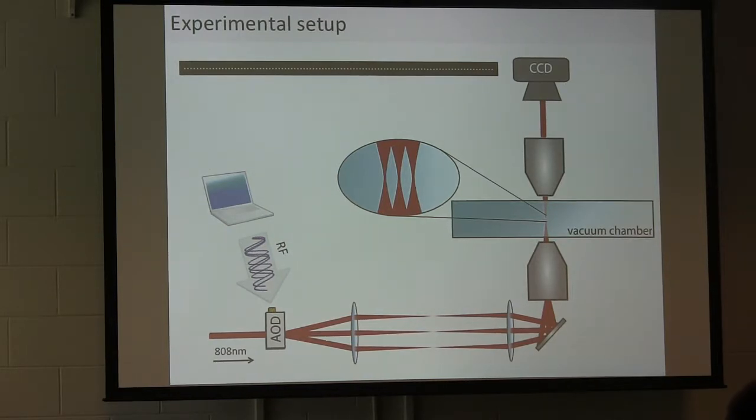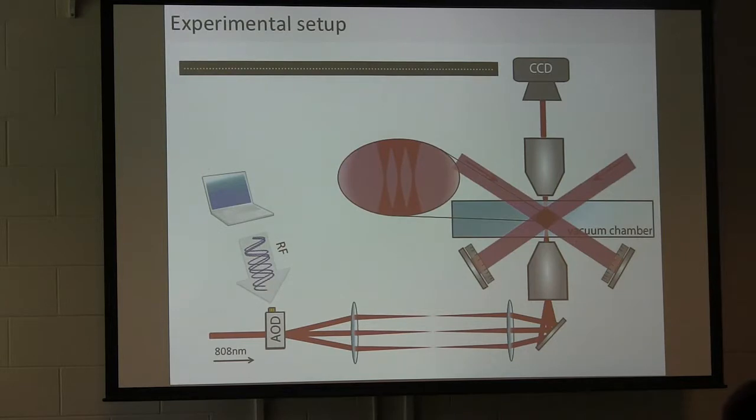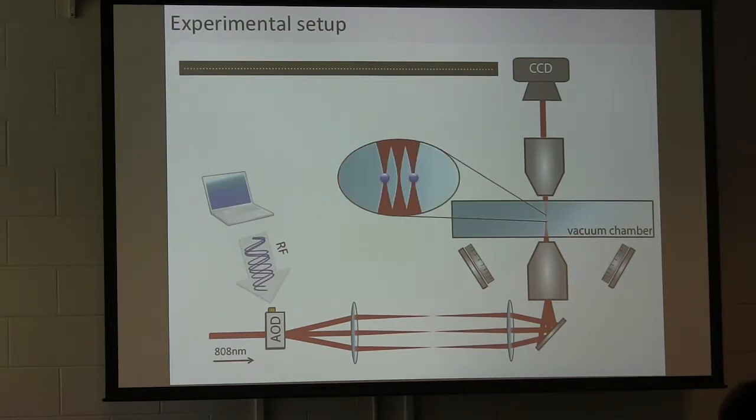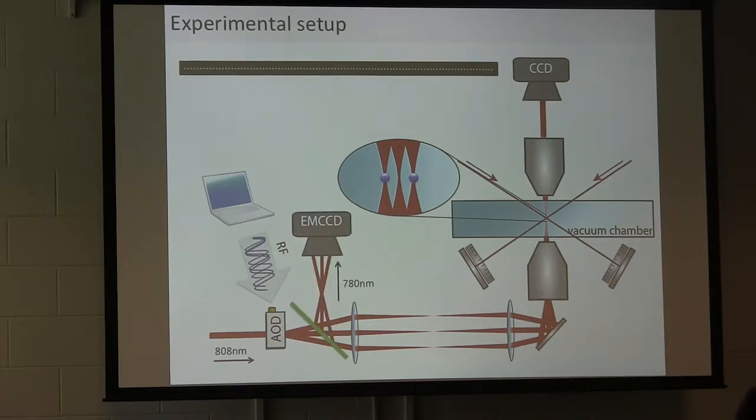And then a typical experimental sequence is to make a MOT, wait for some loading time, then send some cooling and imaging beams, collect the fluorescence from the atoms through the same high NA objective which was used to make the traps, and make an image on an EM-CCD, and then use this image to apply some feedback on the RF tones.